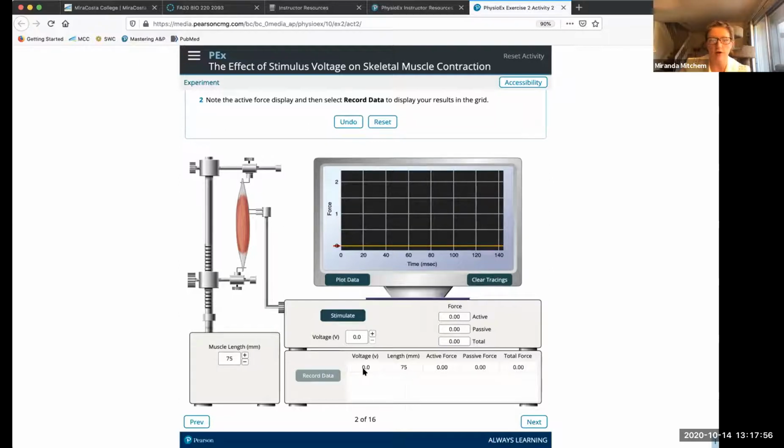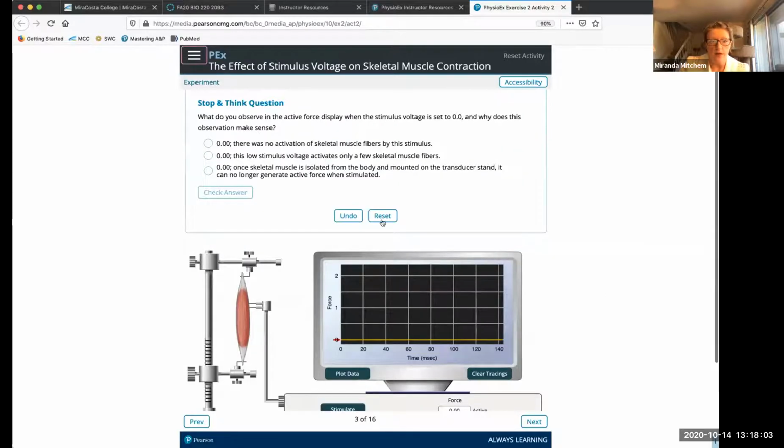So at 0 voltage, there's no change. The length is 75 millimeters. What do you observe in the active force display when the stimulus voltage is set to 0? Well, we didn't see anything, right? It was a straight line across.